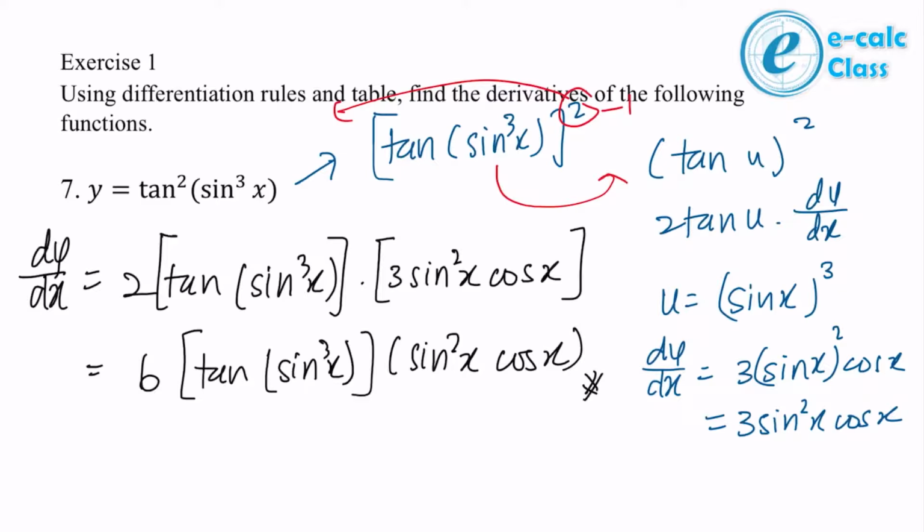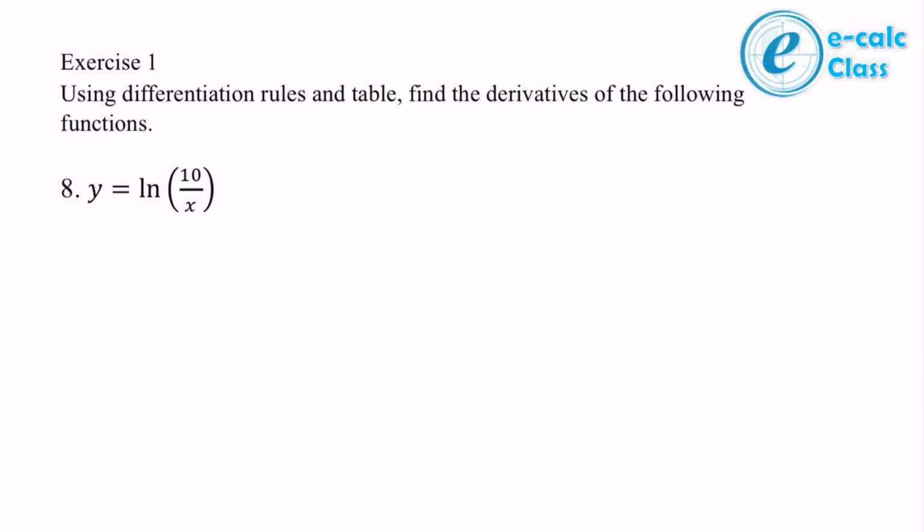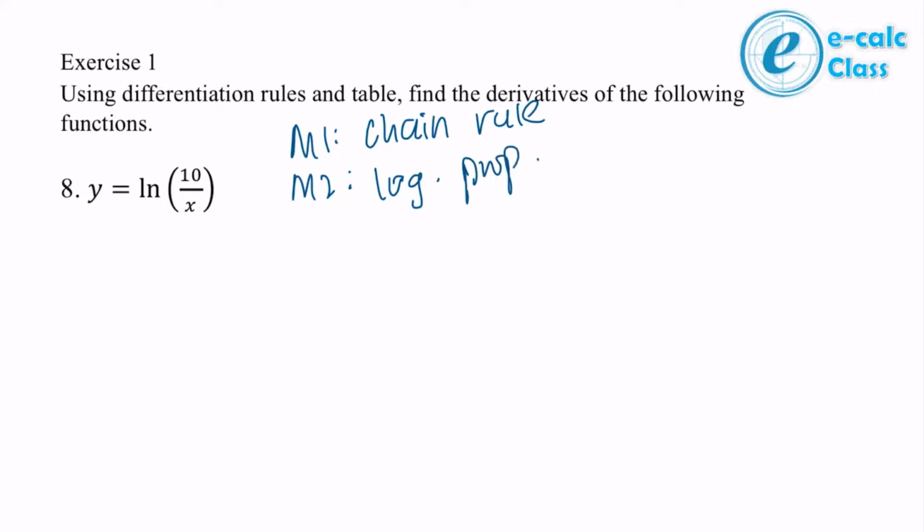Okay, moving on. Oh, we have our ln here. So actually for this particular question, you have 2 choices. You can either use chain rule or you can use the log properties. And I will show you both ways.